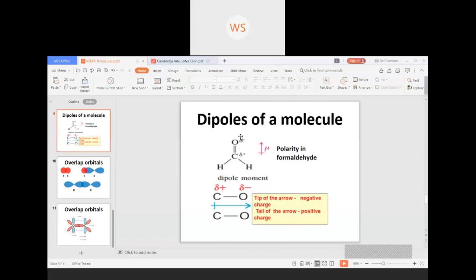What is the bond angle of this formaldehyde? I don't know, teacher. How come you do not know? You should be able to draw the dot and cross diagram very fast for this formaldehyde.